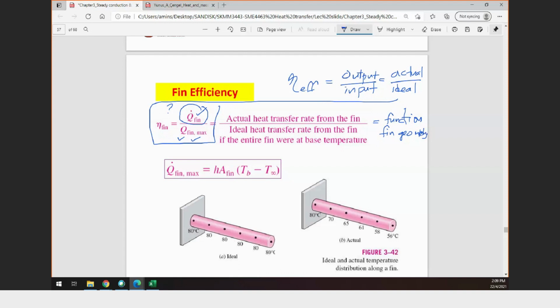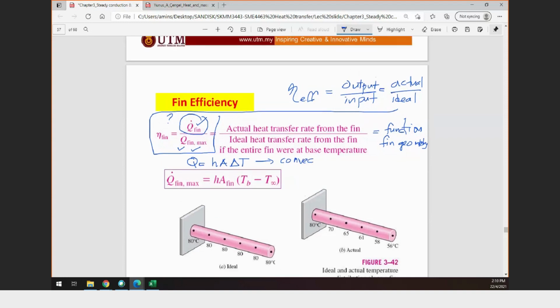So we need another equation for fin efficiency. And how about the maximum? This is the fin maximum equation. This equation is the same as the convection equation, Q equals h A delta T. This is the convection equation.